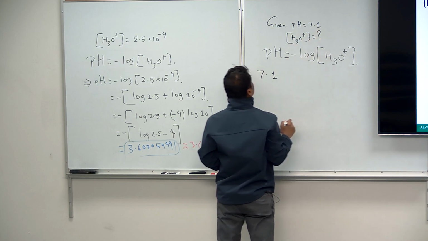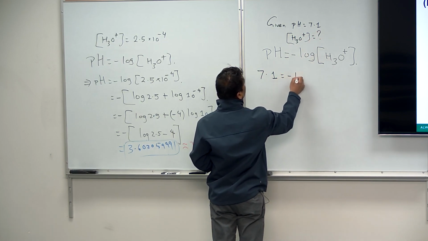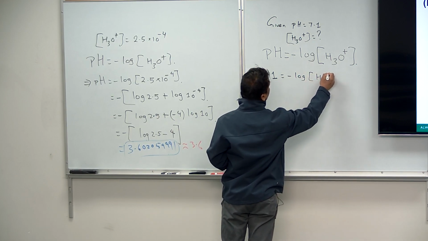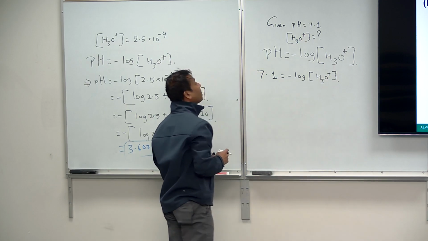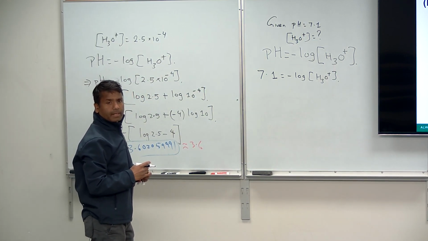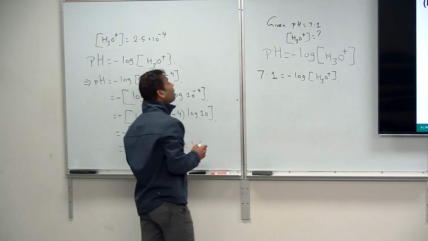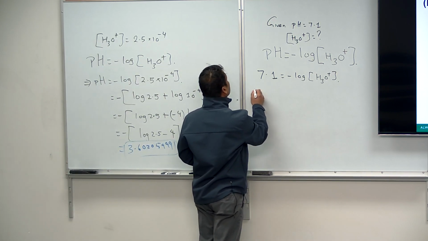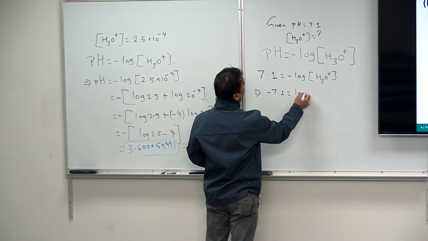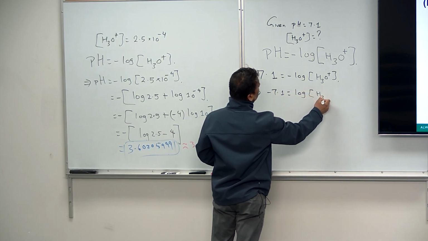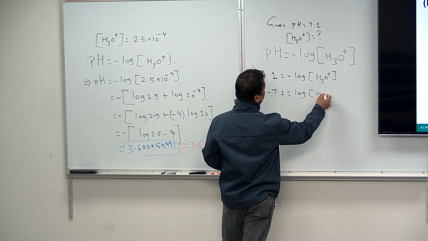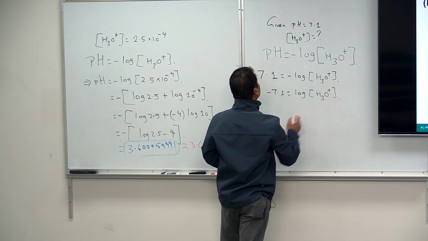So pH is minus the logarithm of the hydronium ion concentration, okay? So you multiply both sides by negative. This is the same as negative 7.1 equal to the logarithm of the hydronium ion concentration.